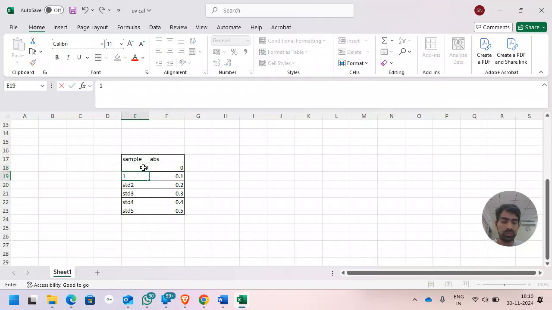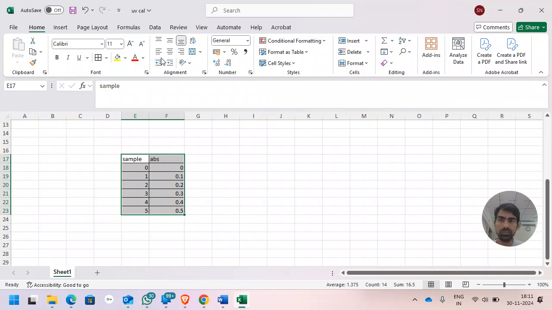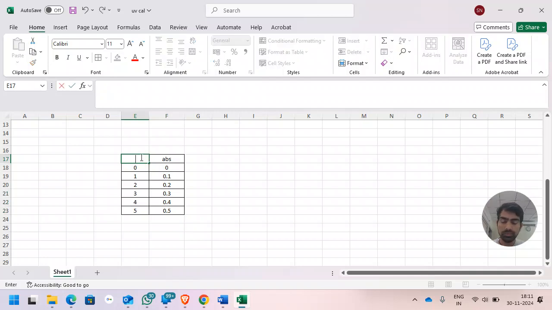Standard 1, 2, 3 ppm, 4 ppm standard, 5 ppm standard. This is the ppm values. Okay, ppm is concentration, and this is the light absorbance here.